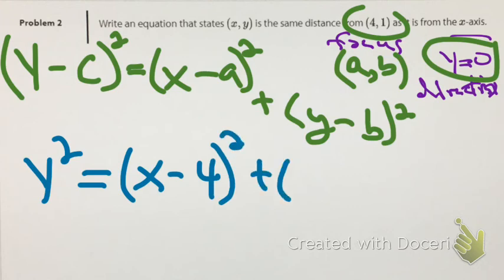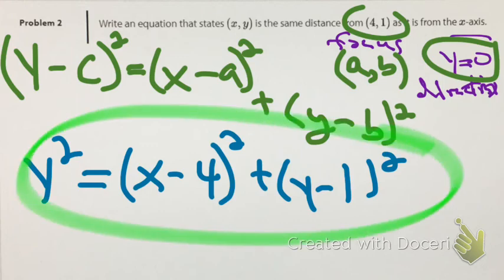Don't forget the squares. Everything's squared. Always frame it up with squares. That's y minus b, and b in this case is 1. That's just writing the equation. That's it. Just setting it up. All right, so that's really showing your understanding of what this equation means, what the moving parts are. Focus, a and b, first two letters of the alphabet. C, that's the directrix, y coordinate.